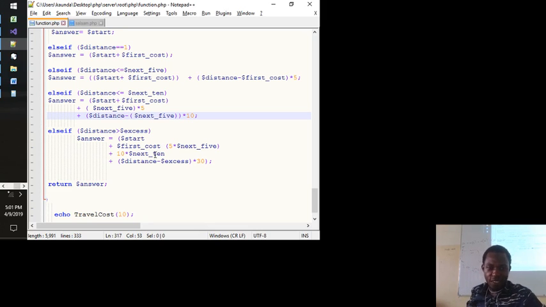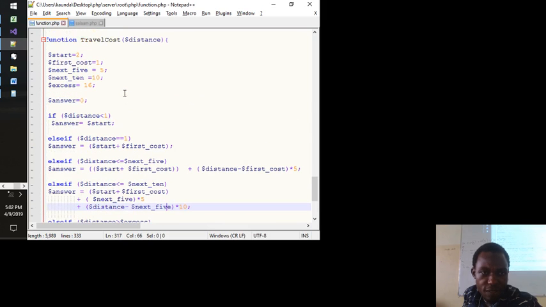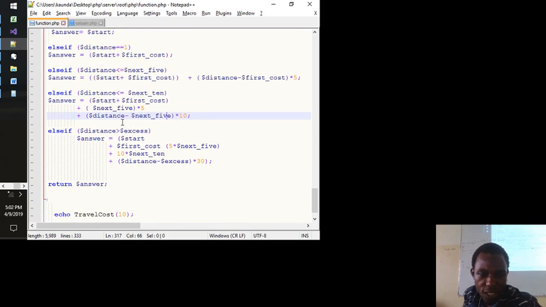What are we not getting right? We have 10 kilometers. First kilometer is 1 city. We'll be left with 9. The 9, we've gotten this 25. So we'll be left with 4. So next 5 is 5. Okay, so it should be this.